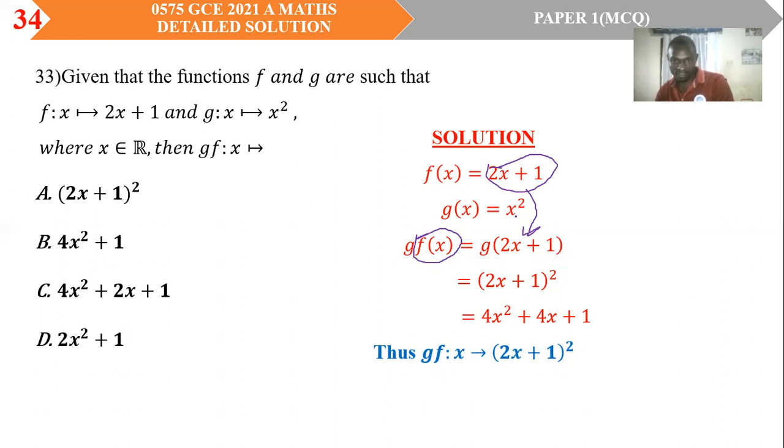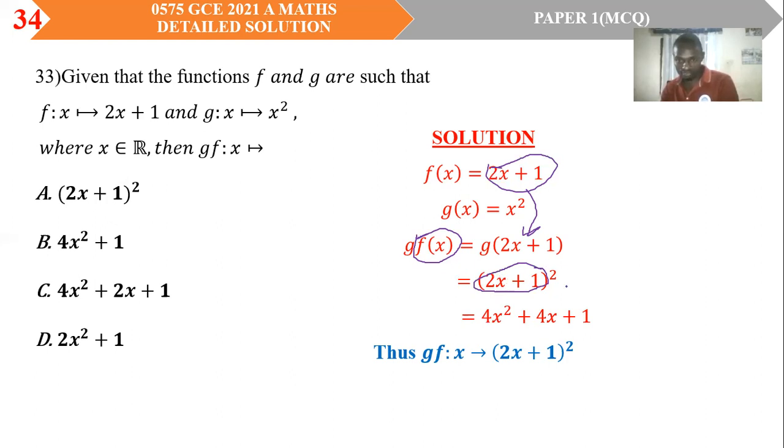So where we have x squared, x becomes 2x plus 1. That is why instead of x squared, you see 2x plus 1 taking the place of x. And instead of x squared, we have entirely 2x plus 1 all squared. And 2x plus 1 all squared expanded gives what?